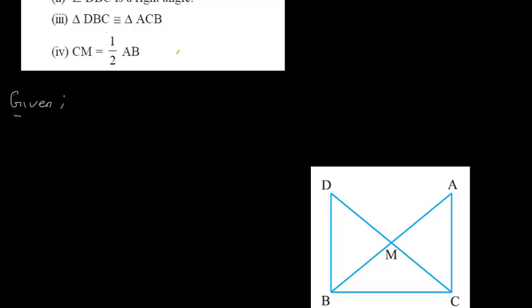So as we have analyzed from the diagram, first I will say that angle ACB is given 90 degree, then AM equal to BM, this is given equal, then CM equal to DM, this is equal, okay, this is given part.